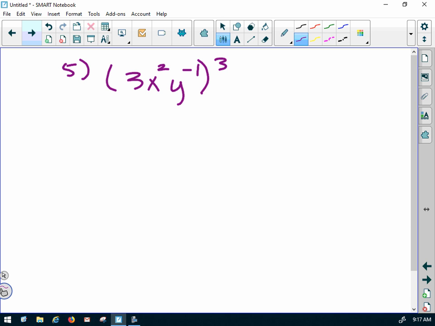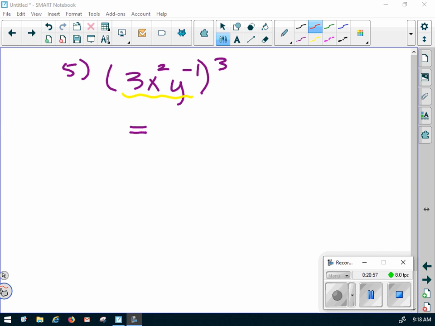Power of a product says A times B to the M is A to the M times B to the M. So, what things are we multiplying together inside those parentheses? 3 things. What are they? 3 and x squared and y to the negative 1.